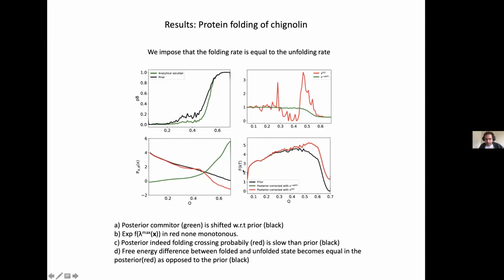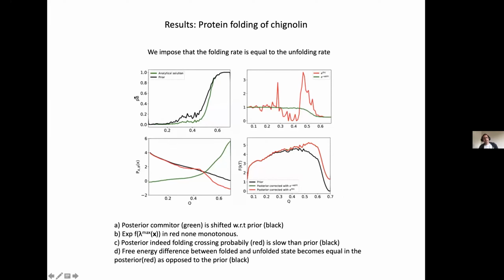And then this is a crucial and final plot. Your original distribution, this is a free energy, and the unfolded state is here, the folded state is on the right. By imposing a slower folding rate, you're essentially increasing the barrier, in red, but also shifting the barrier towards the right.